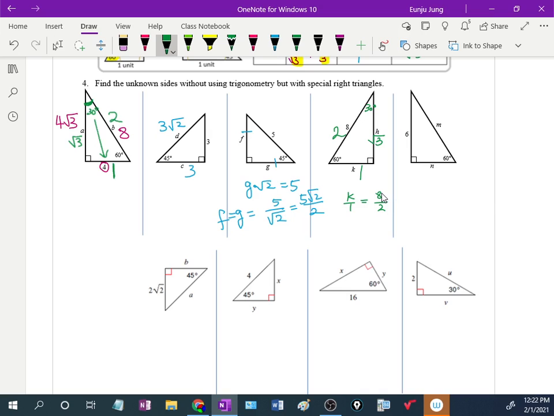Now we can solve it, and obviously K must be 4, right? 2 times 4 makes 8. 1 times 4 makes 4. So you can think about any kind of right triangle with these angles, 30, 60, 90, small or big, or similar right triangles just like this, they have the same ratio.